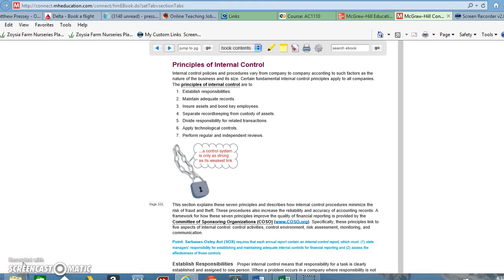The 5 aspects of an internal control are control activities, control environment, risk assessment, monitoring, and communication. Now, I don't necessarily think you have to memorize these, but be familiar with them and have a kind of a gut feeling on what drives internal control based on these principles and aspects.